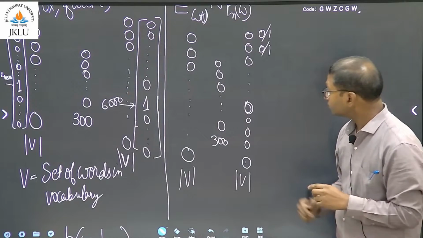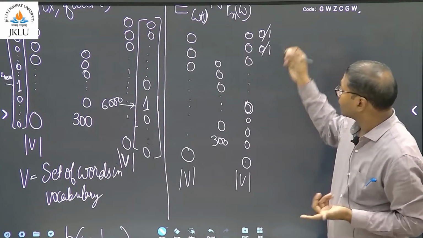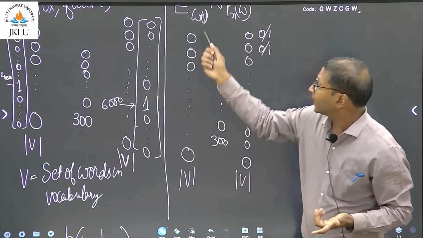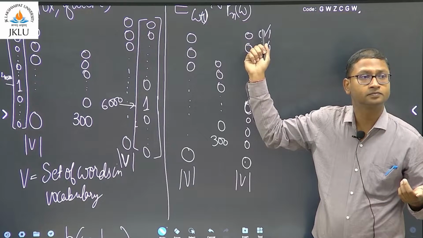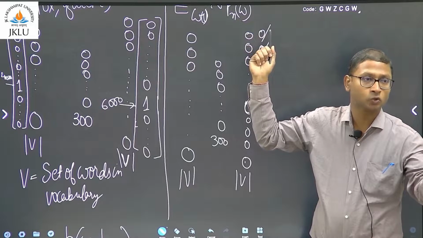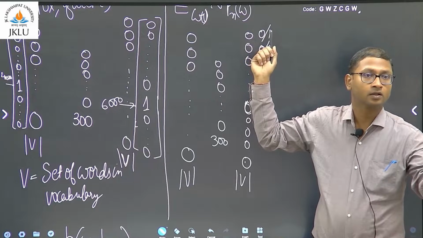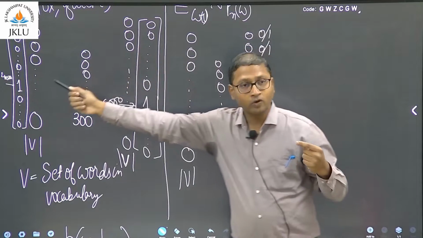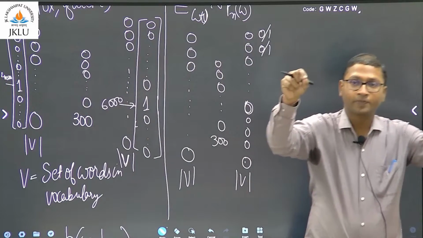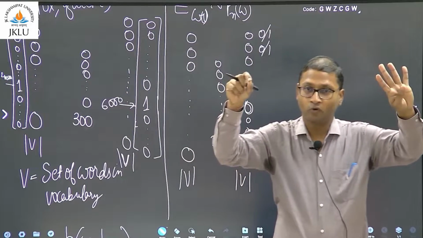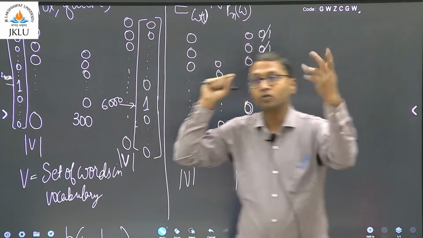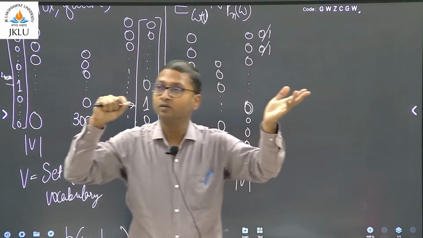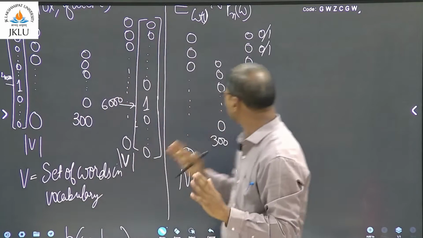Because for every context pair, if your window size is 2, how many will come from the corpus? Just 4, to this side, right? But how many will come from non-corpus? Mod v minus 4, right? So that is a huge set.